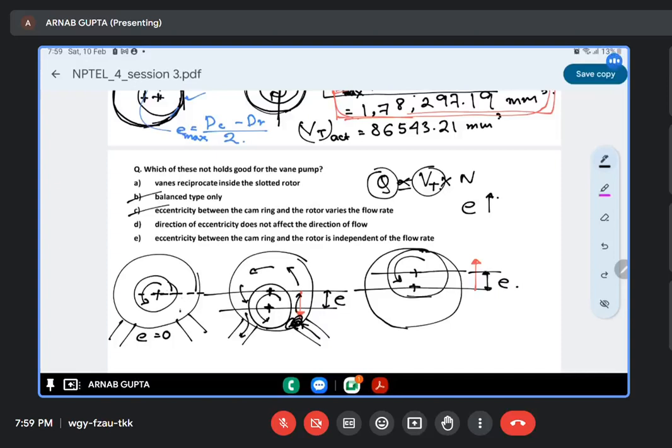In this case, if the liquid is already inside, it will just recirculate like this. Otherwise, it won't provide any suction because the value of E is 0. So that's why the Vt will also be 0. Here you can understand that the direction of flow will be from here to here.